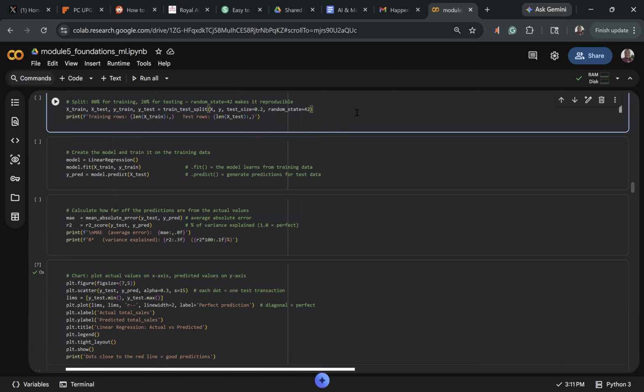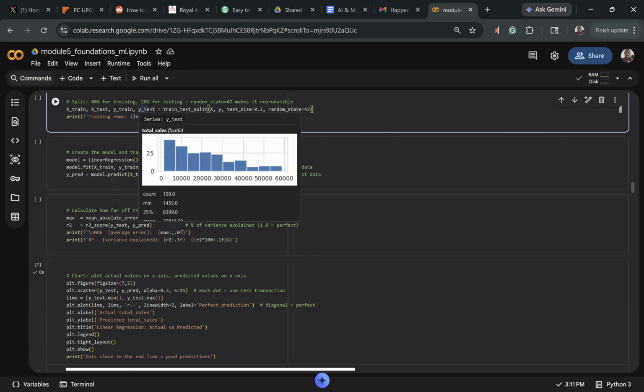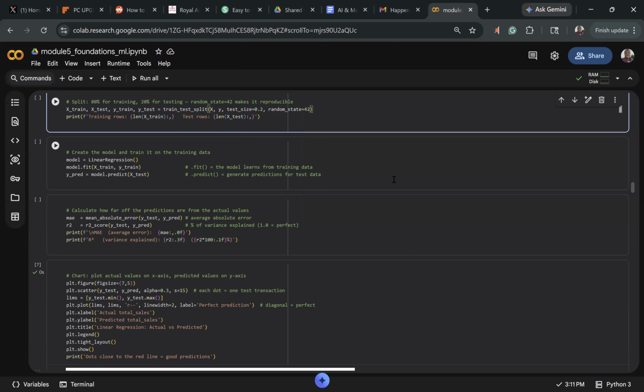So make sure you remember that, because during the evaluation, we need our X test and Y test so that we would be able to use them to compare what the model is talking about. Is it really what it is? And to evaluate the model, that's what I meant. So we need our Y test and X test to evaluate the model. Remember that.